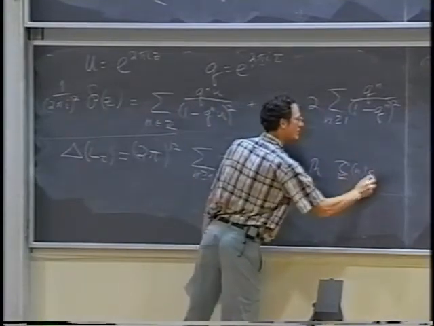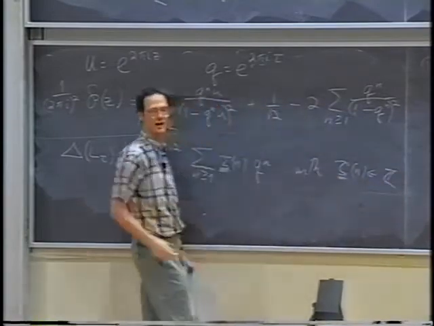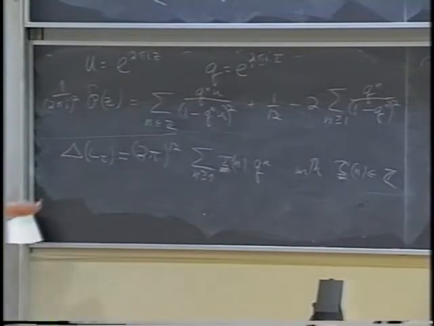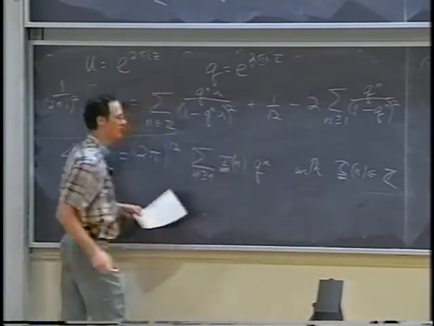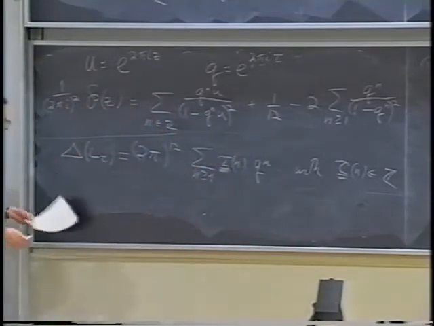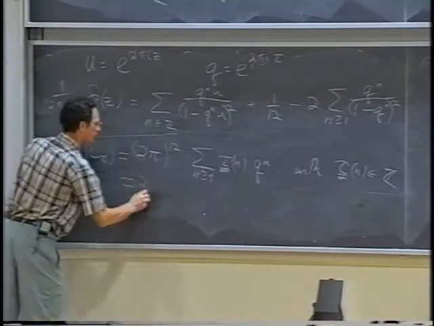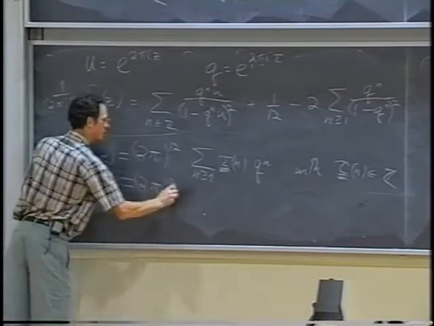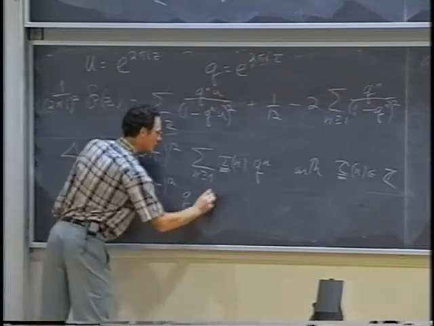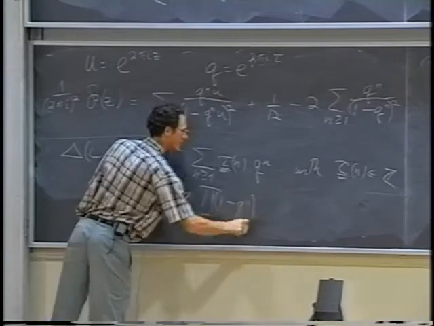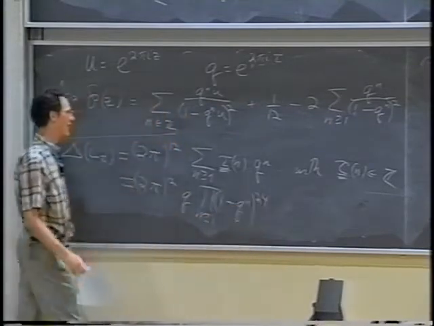Tau of n. These are integers. This is the Ramanujan tau function. See, the problem is there's this other tau floating around. And this has the following beautiful product expansion due to Jacobi. It's q times the product of 1 minus q to the n, oddly enough, to the 24th power.